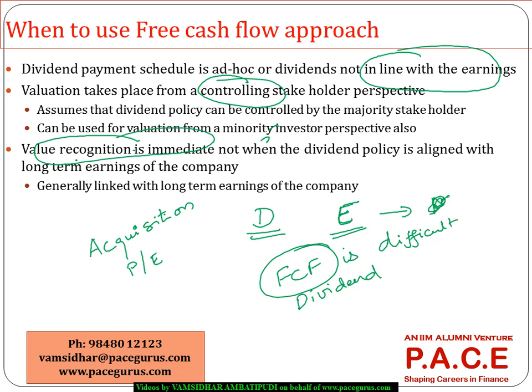Irrespective of whether the dividend policy is in line with the long term profitability objective of the company or not, we can really rely on the value generated by the free cash flow based model. But when it comes to dividend based, only when the dividends are in line with the long term profitability of the firm can I use the dividend based discounting model.